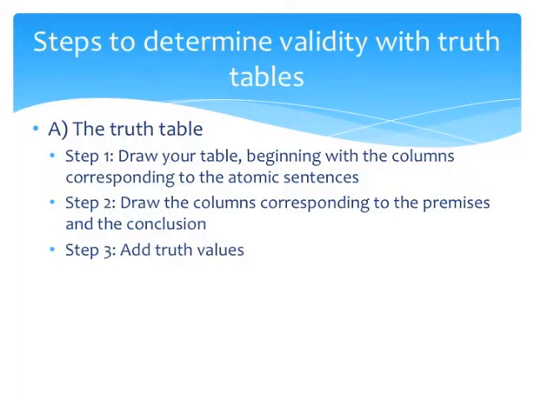And for non-atomic sentences, the values are going to depend on the truth table of the connective that is involved. So if we have not P, then we fill that column by looking at P and simply inverting the values that are in P. And if we have P and Q, then we apply the truth table of the conjunction, namely that P and Q is only going to be true in those cases in which P is true and Q is true.